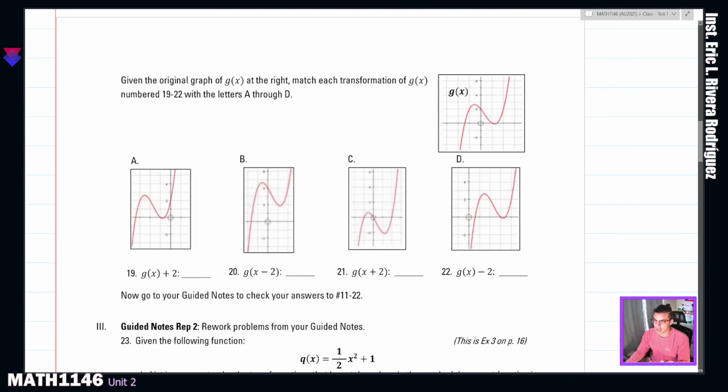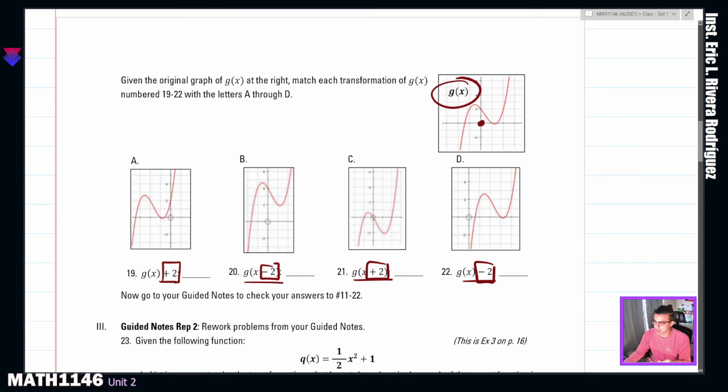Here we have a matching exercise where we need to identify this is the parent function that we are working with here, g of x. Okay, and if you can see down here, there are a few modifications on g of x. You need to be able to identify what is the effect of this -2 plus 2 on g of x. You have a reference point, which is the origin.